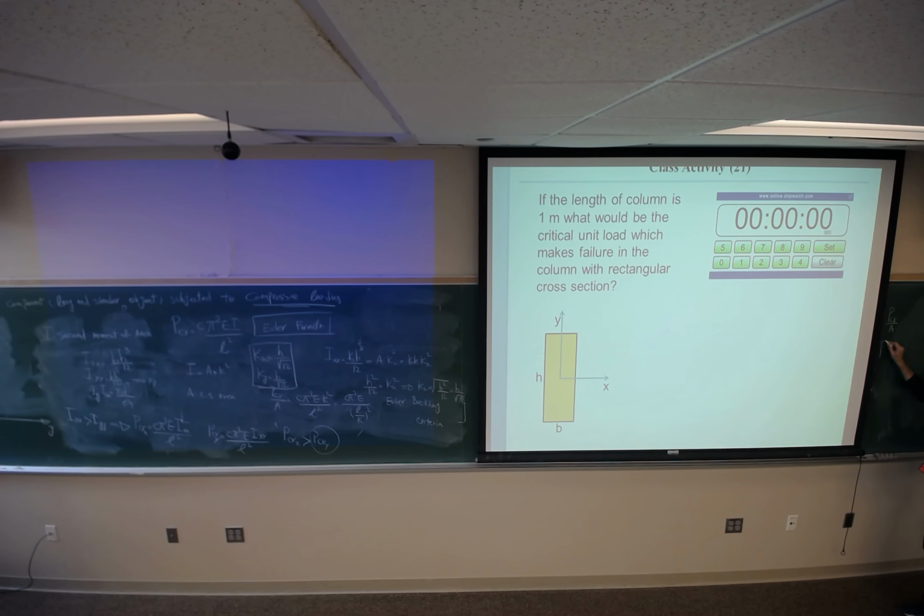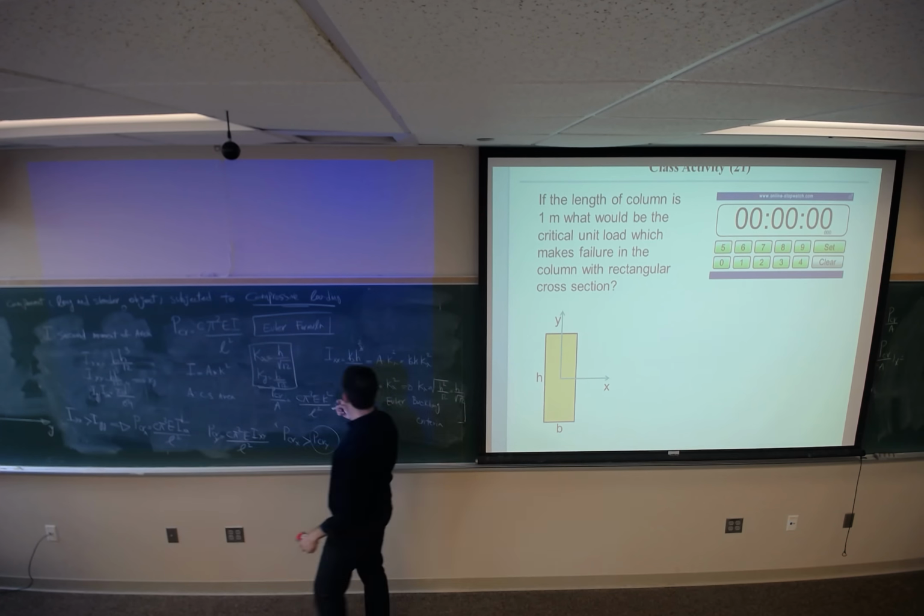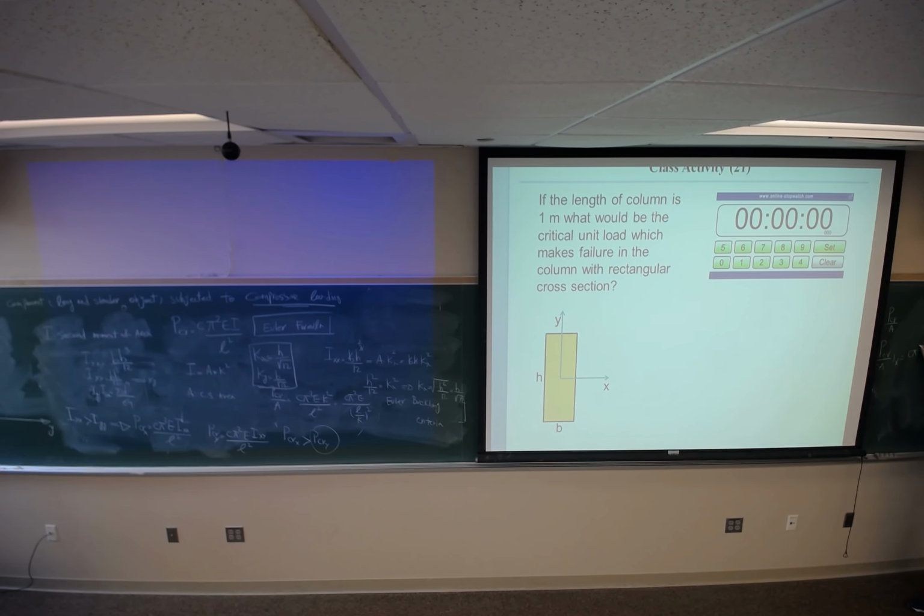So P critical over A with respect to x-axis is C pi squared E divided by L over Kx, squared. And P critical over A for y is C pi squared E divided by 1 over Ky squared.